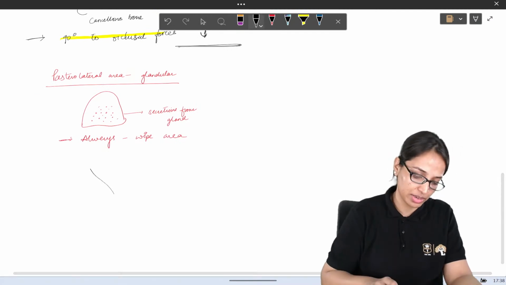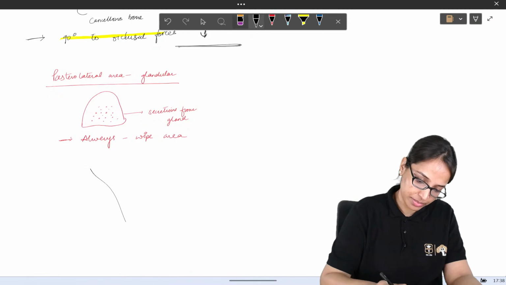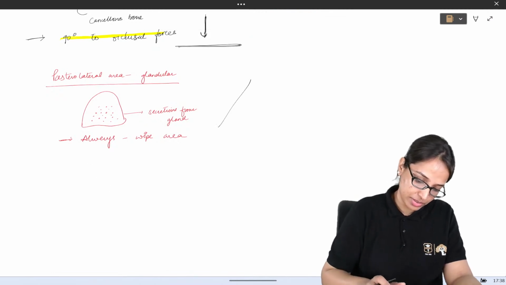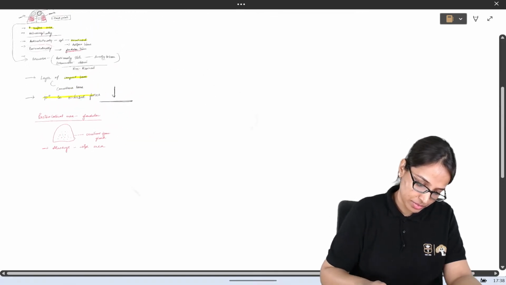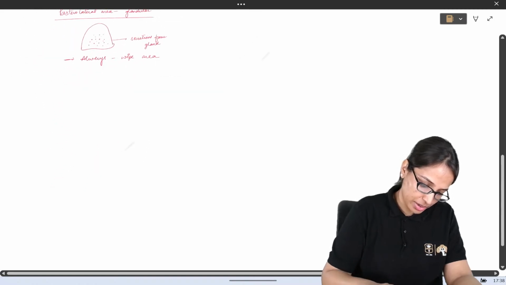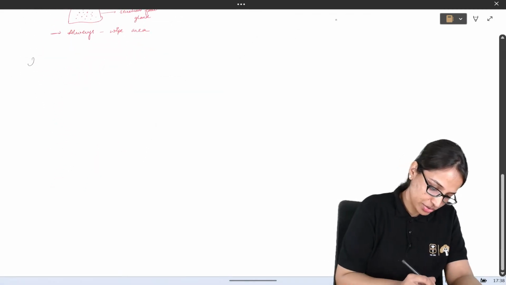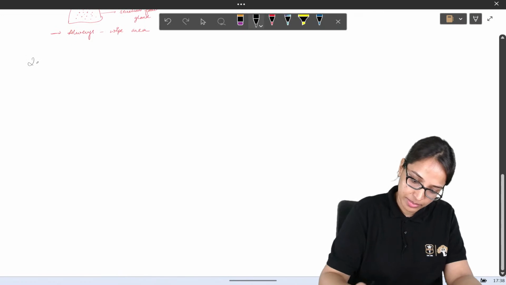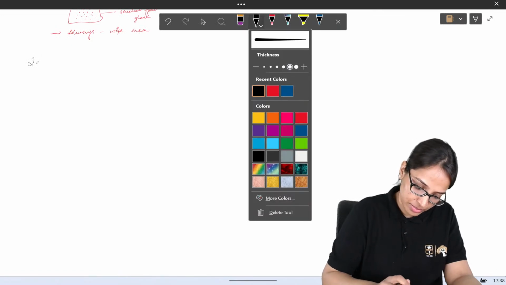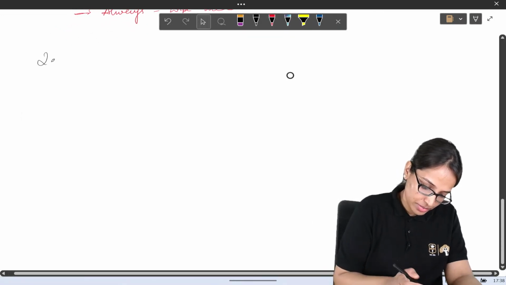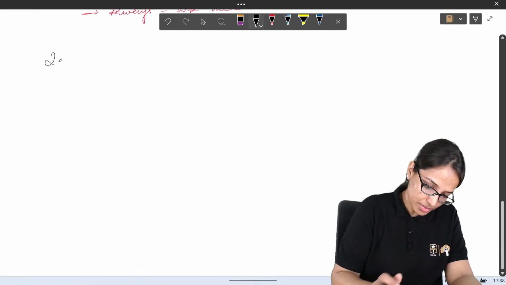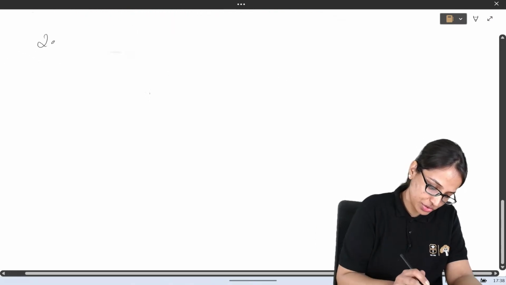So that was our first supportive structure that we just discussed, which was your hard palate. Coming on to our second structure that we are discussing, that will be our residual alveolar ridge.